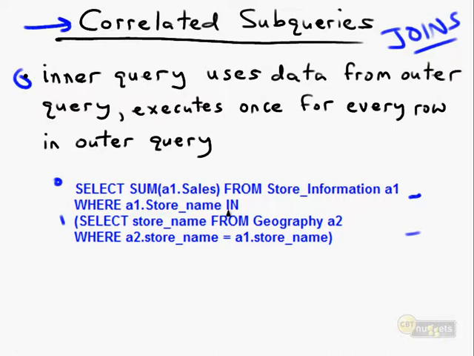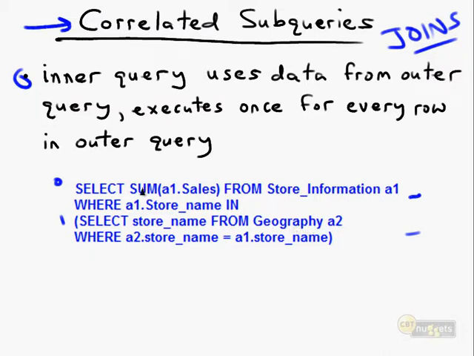As an example, let's take a look at the query that's on this whiteboard that comes from a really nifty site called onekeydata.com. In this query, we have two tables. One, store information, aliased as A1, that appears in the outer query, and geography, aliased as A2, that appears in the inner query.